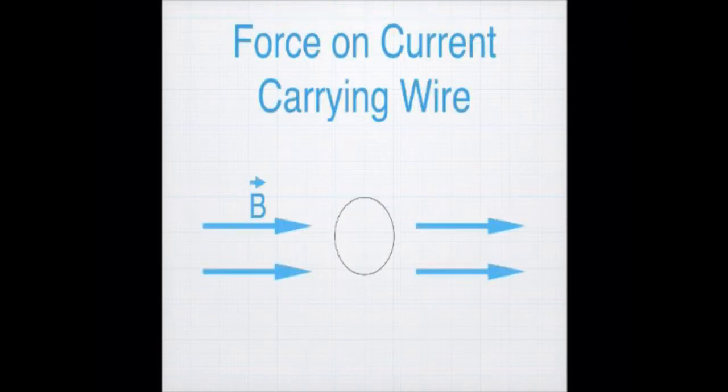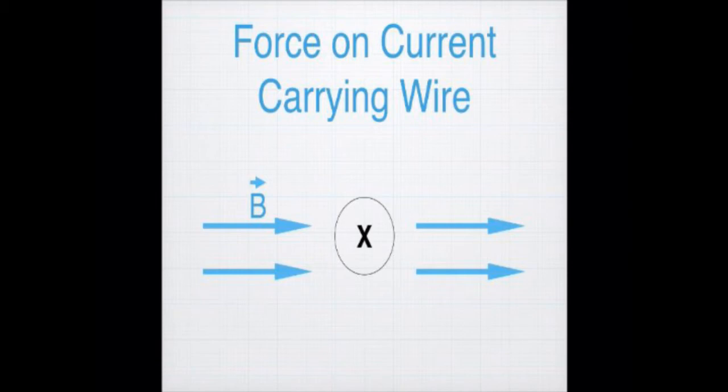Now, not only does a current carrying wire create a magnetic field, but magnetic fields also exert a force on current carrying wires. So here I've got current going in again, and just like with the right-hand rule for single charges, we're going to now apply the same right-hand rule in a sense, but for a current carrying wire.